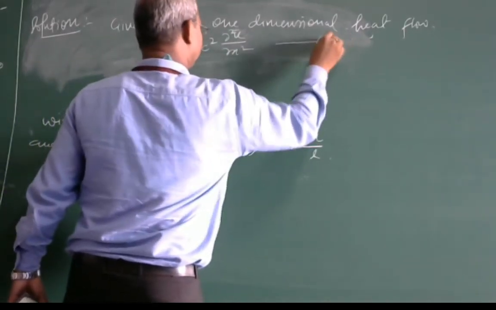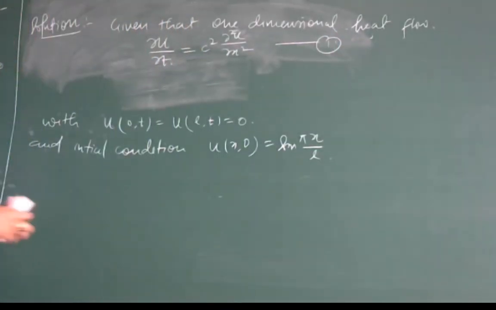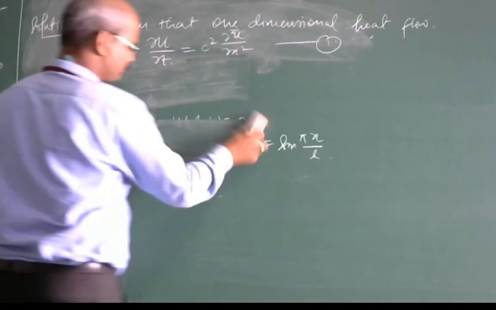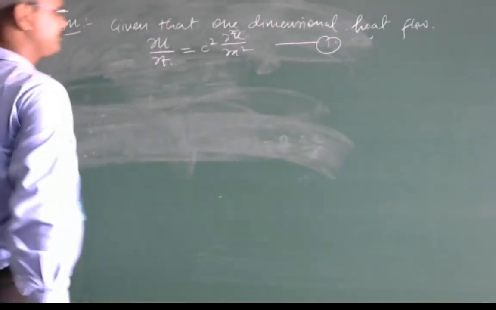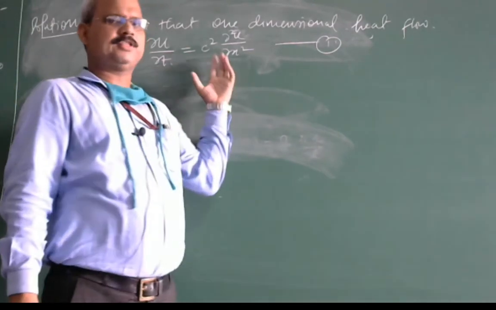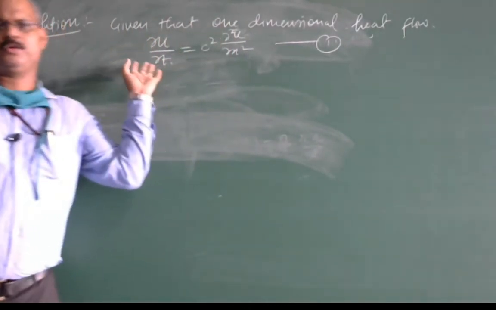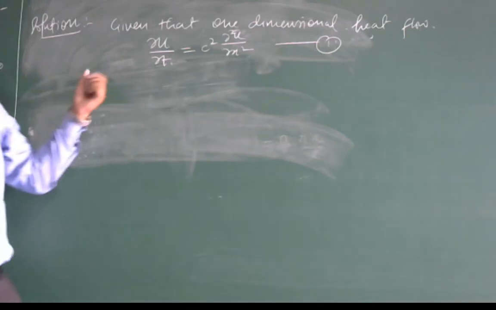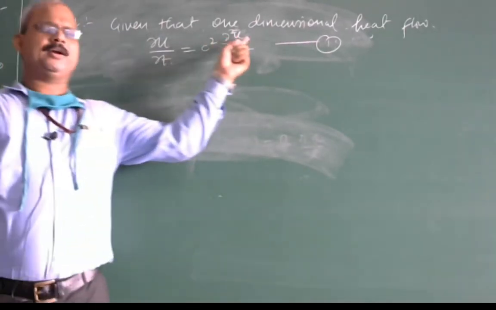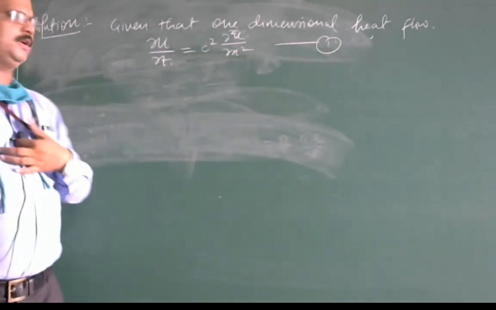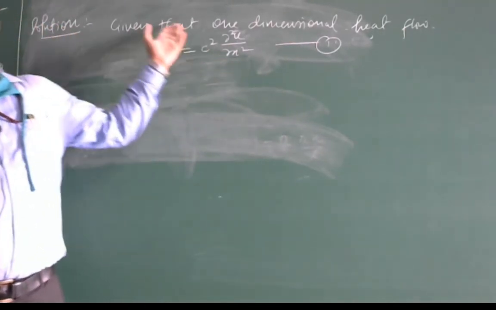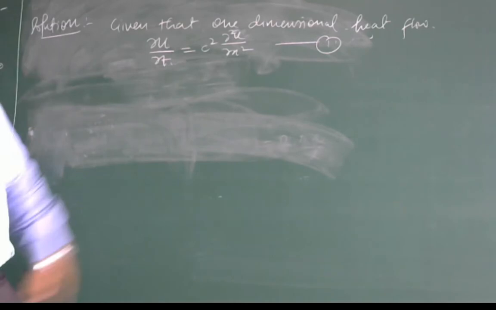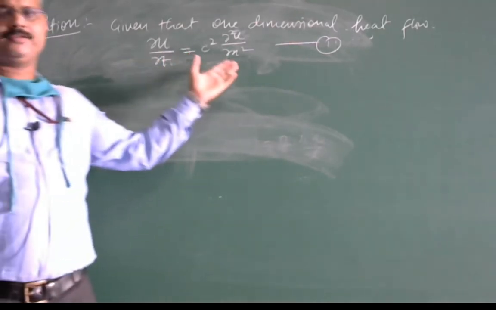This is the first equation. As you know very well, in the previous lectures there are so many questions we have solved. Here u is the dependent variable and x and t are independent.